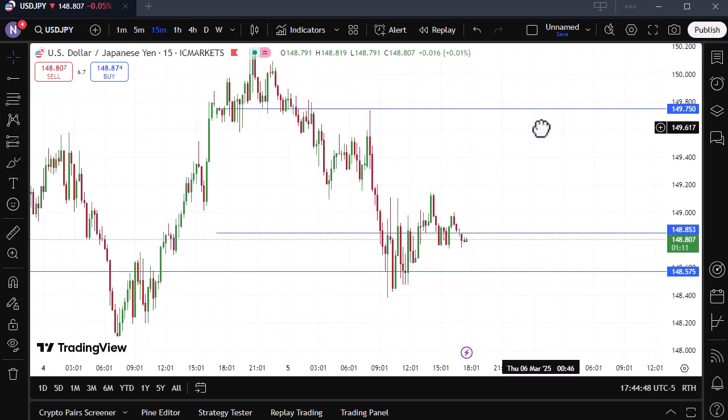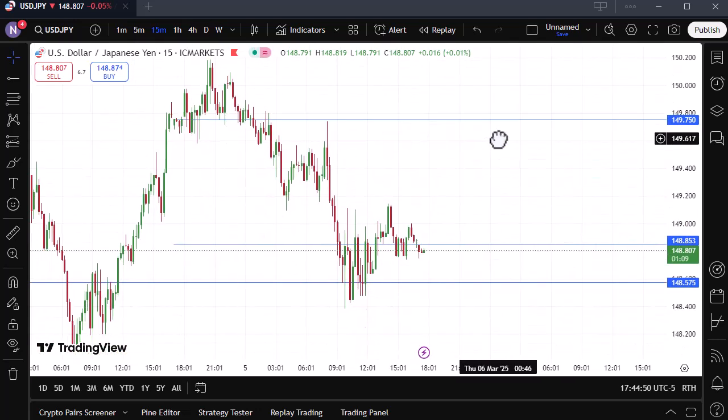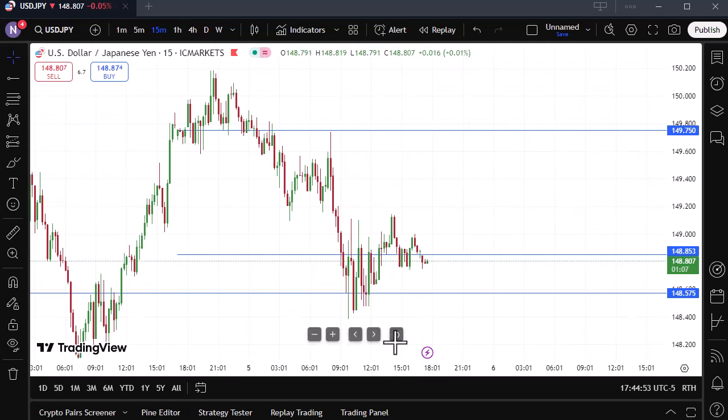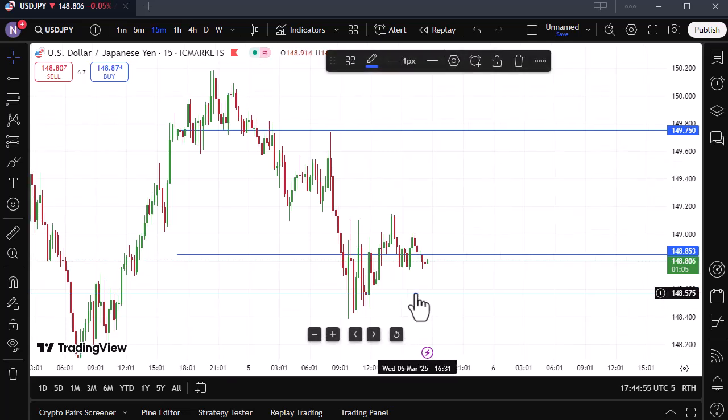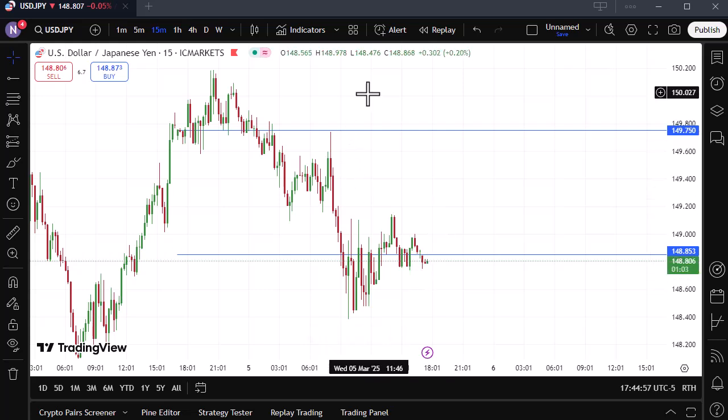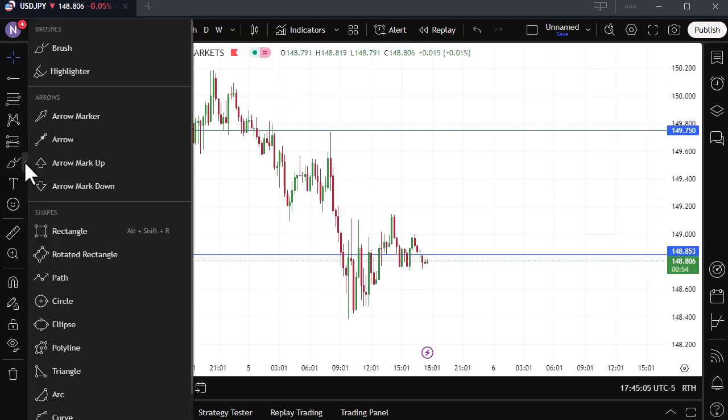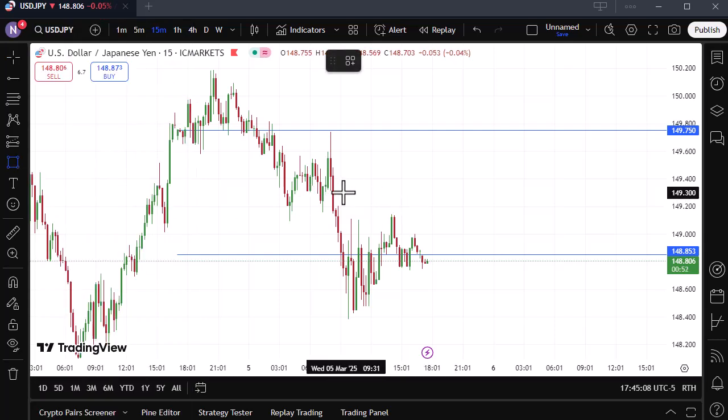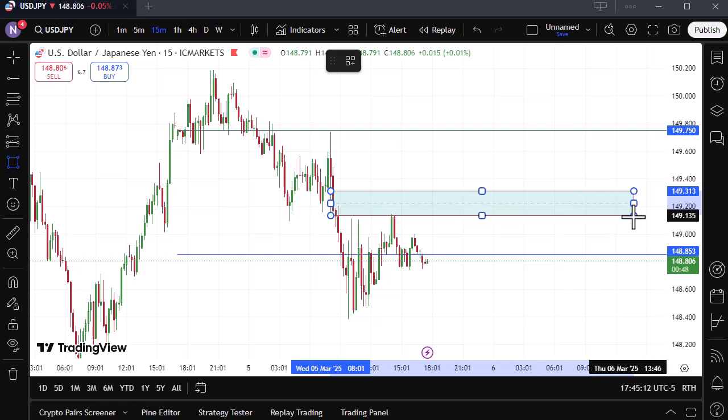We are on the 15 minutes now. Let's remove this one first. Okay, this is the opening and this is the closing. Let's see if we can identify any. Yes, we can see a fair value gap here. There is a fair value gap on this side.